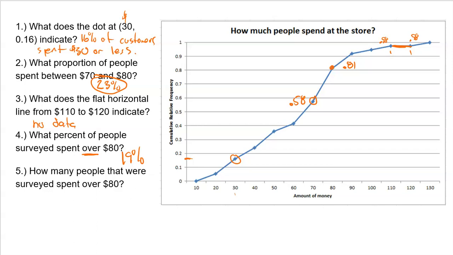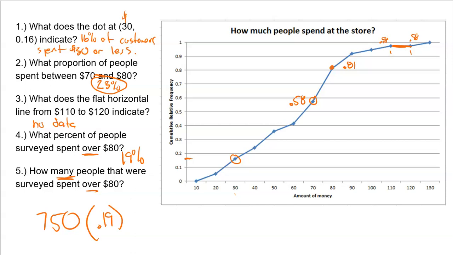Makes sense, right? All right, finally, how many people that were surveyed spent over $80? The previous question said, what percentage of people? Well, 81% are below 80, 19% above. So how do you figure out how many? This is where we have to do a little bit of math. We had 750 total people in our survey. That was in the directions. And we just answered that 19% spent over $80.